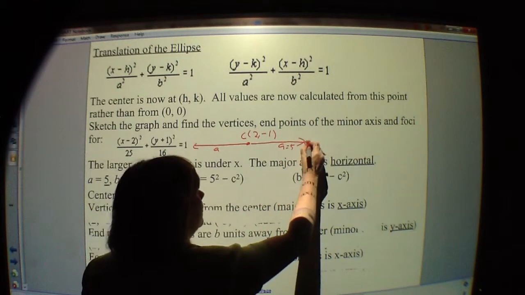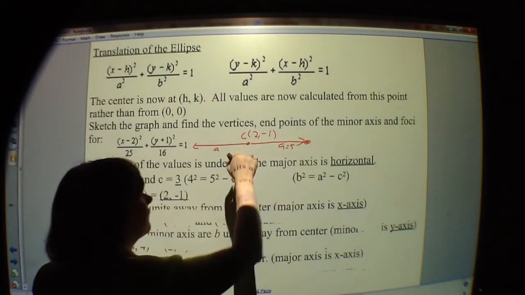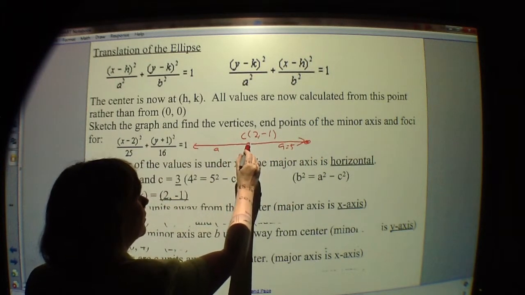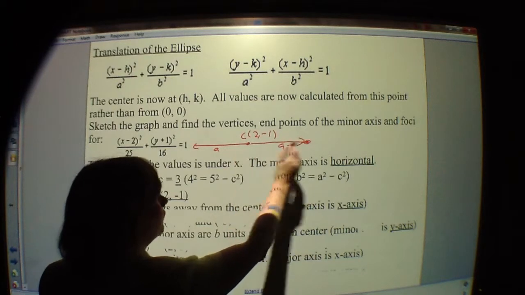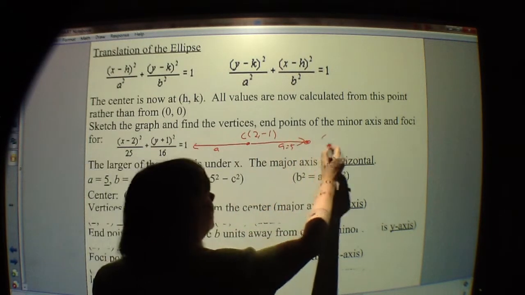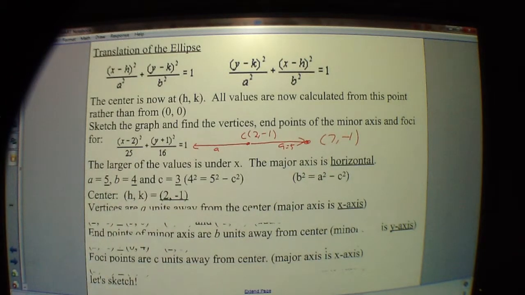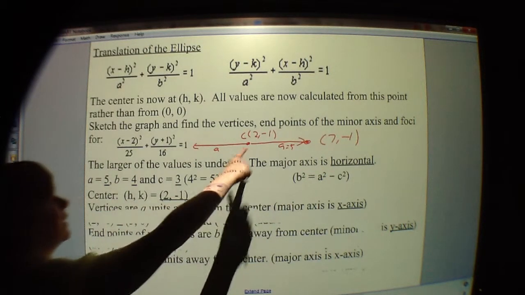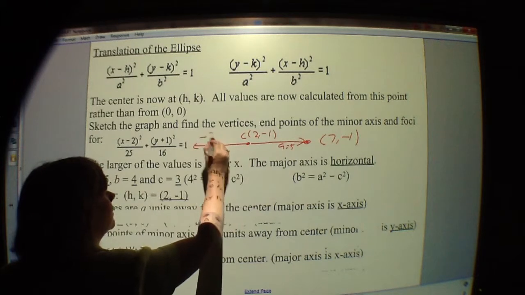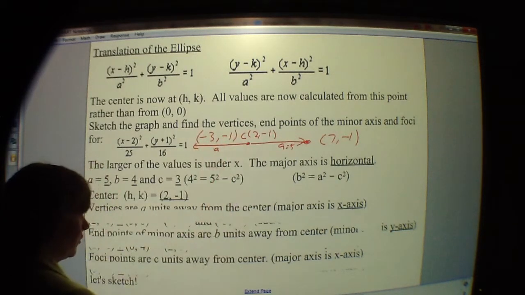So to get to the end point here, if I go 2 over and 1 down, I'll be at this point, but instead of going 2 over, I'm going to go 2 plus 5 over. So this point is 7, negative 1. Subtract 5 from there is negative 3, negative 1.